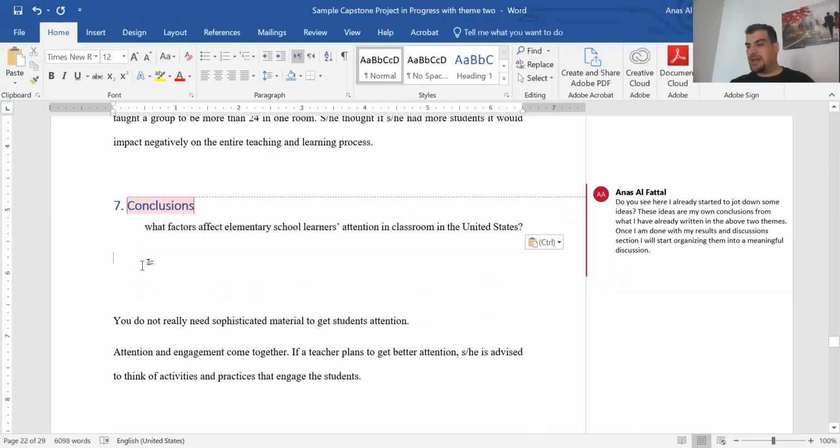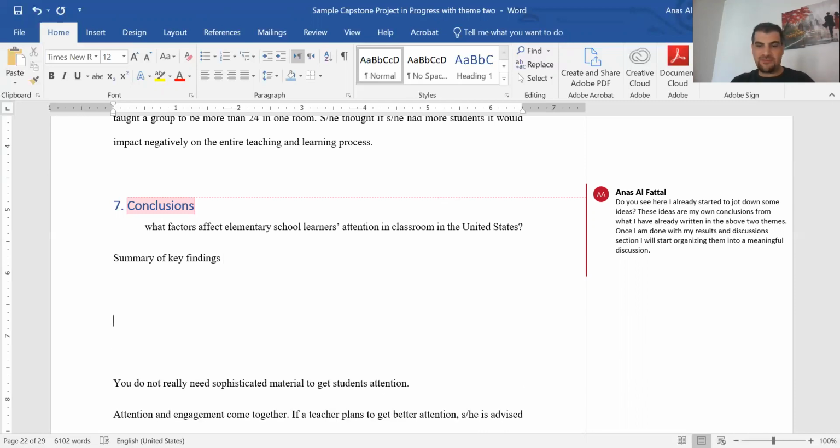Okay, now when we talk about conclusions, there are basic components. The first one is a summary of key findings, focusing on the research question.